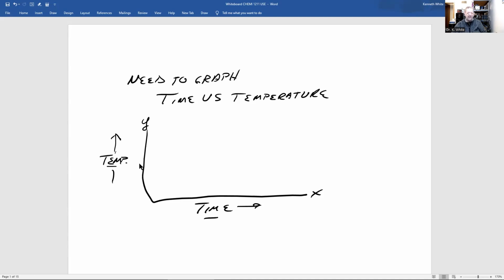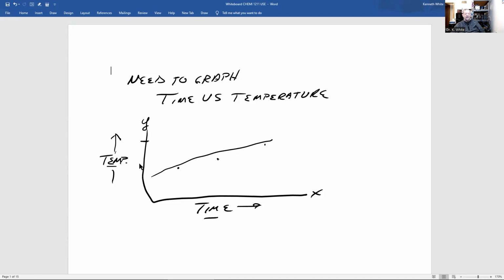You'll get 3 lines, and you can draw a line through the dots. What you'll be asked to do is, at a certain temperature, say this one, which you didn't use, how long will it take for half a tablet to do that?